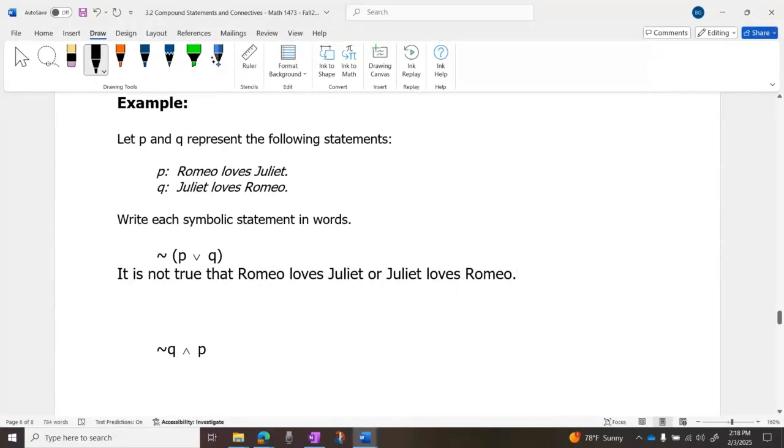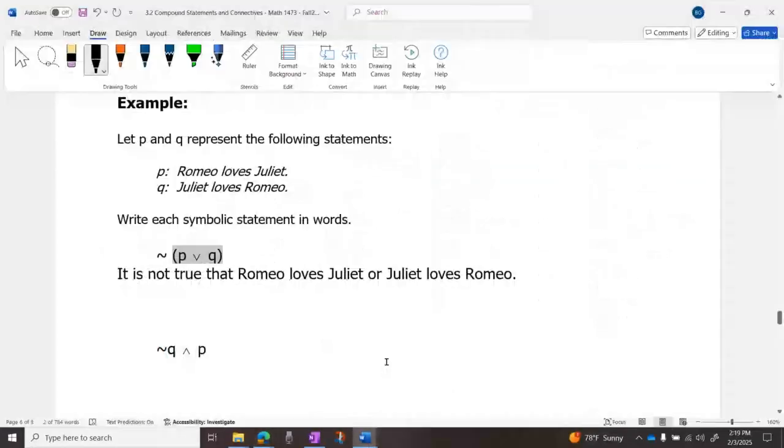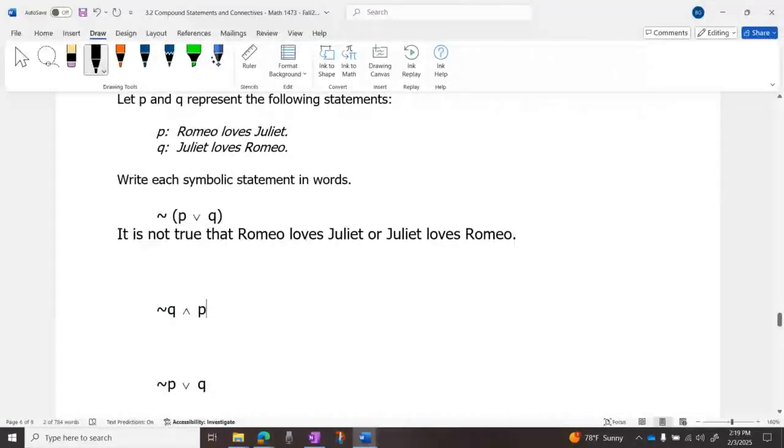English-wise, grammar-wise, it is also very neat. Do you agree, guys? I need some responses. The negation here negates the whole thing inside the parentheses. Okay, perfect. And what about the next one?